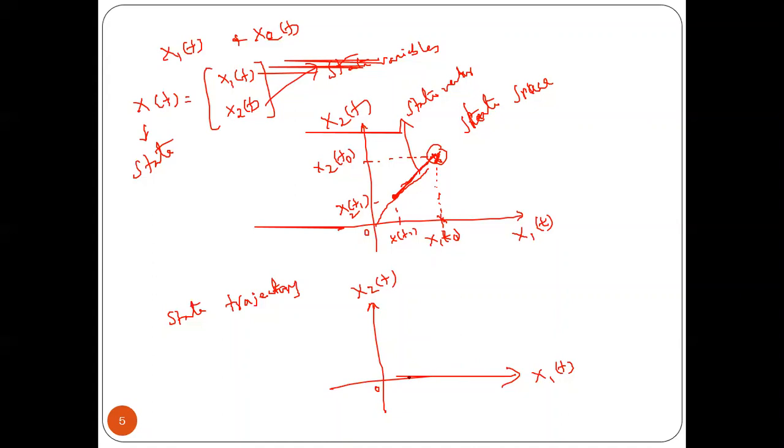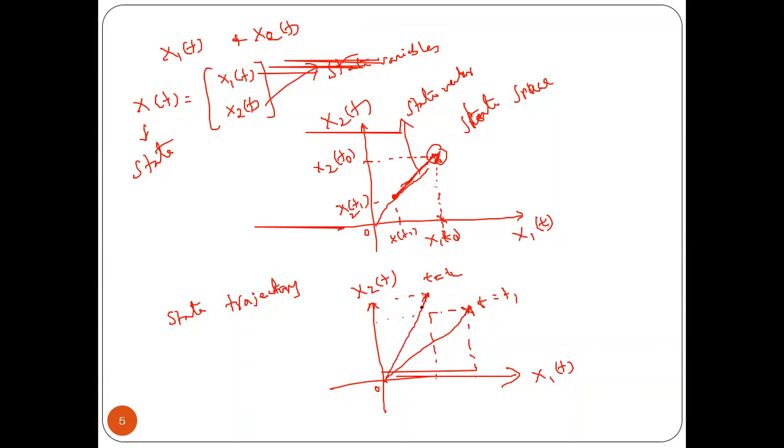Suppose this is the value at t equal to t1, and this is the state vector point. And suppose you have one more point at t equal to t2, say the point is here. So this is t2.